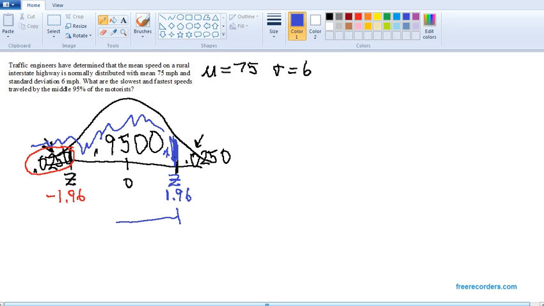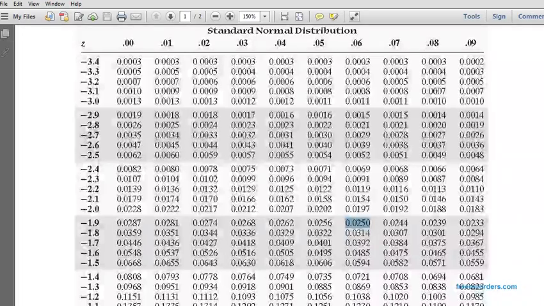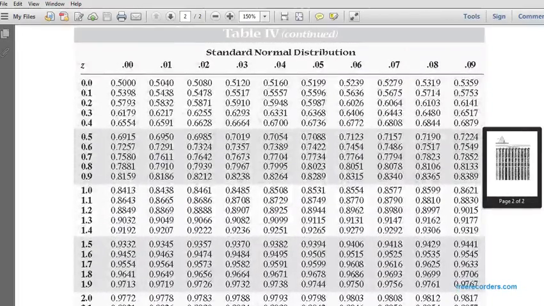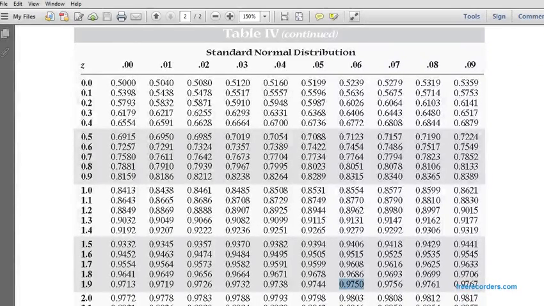So to the left of this upper z-score, there's a total of 0.9750. And had you looked that number up on the second page of your table, 0.9750 is right there, and you see it's in the 1.9 row below the 0.06 column.